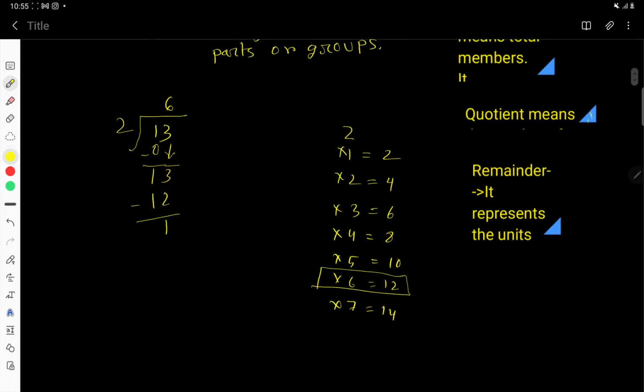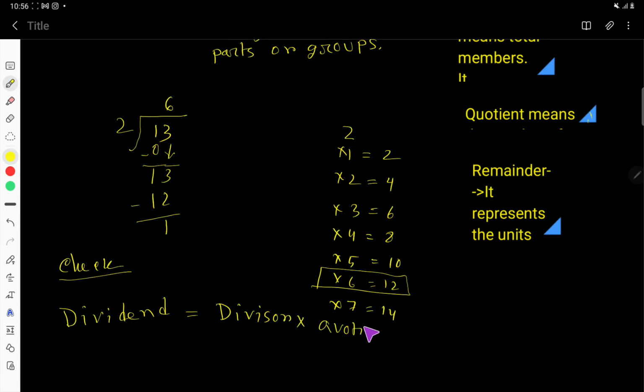So here now check: dividend equals divisor times quotient plus remainder.